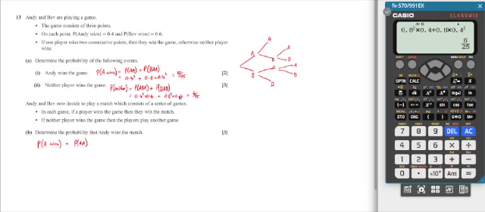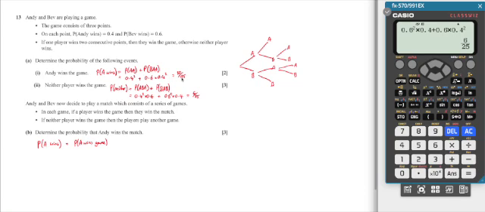So the probability he wins is 32 over 125. So the probability, we're going to use all the numbers that we've had. Okay, so this is the probability that Andy wins the game, rather, which is what we worked out previously.